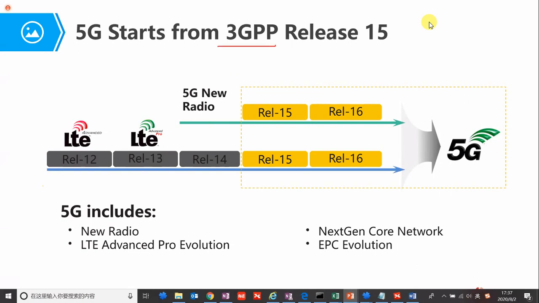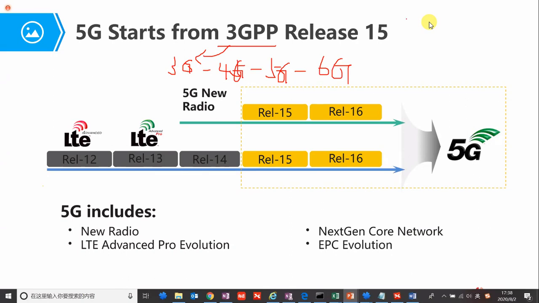And we can see 3GPP. 3GPP, I have introduced, is one organization that realizes the 5G's vision by the ITU. Our 3G, our 4G, and our 5G, even 6G, are defined by the 3GPP.